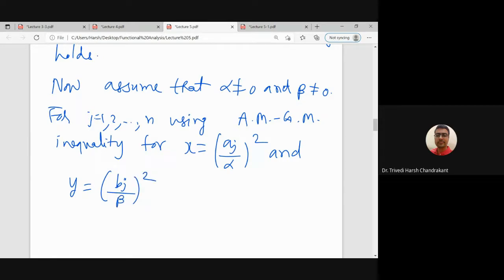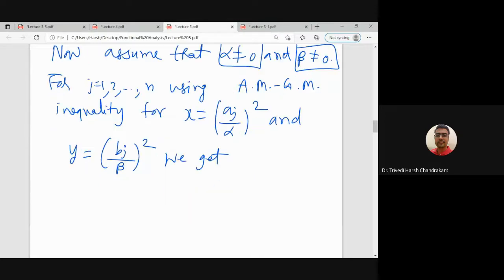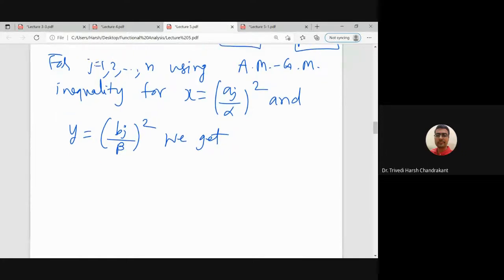Since alpha and beta are non-zero, we can divide by them, and the squares are non-negative. So we can apply the AM-GM inequality on x and y. What is the AM-GM inequality? That is, the square root of xy is less than or equal to half of x plus y.